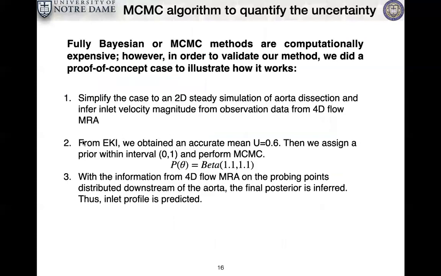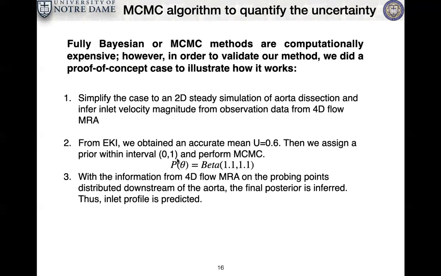So assuming that we have already applied the EKI method we mentioned before, and we already have a very accurate mean, which is U equals 0.6, we only have to assign a small interval very close to the accurate mean, and we perform MCMC on this interval to obtain the posterior.